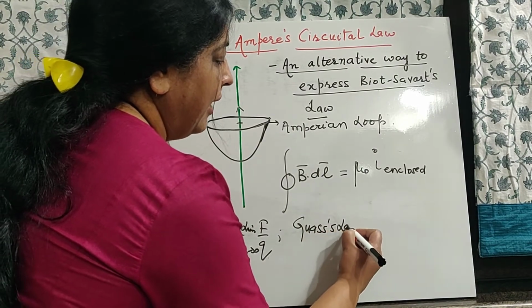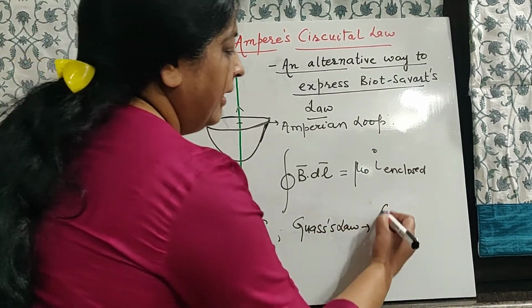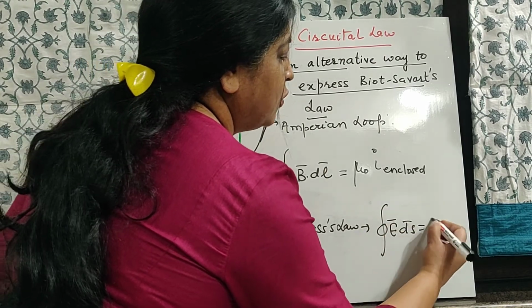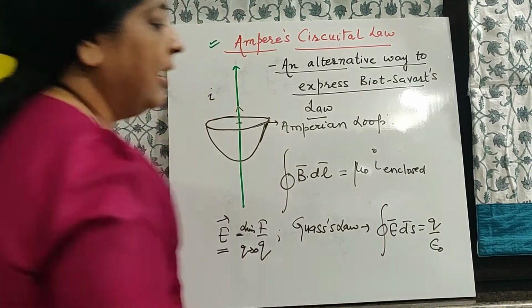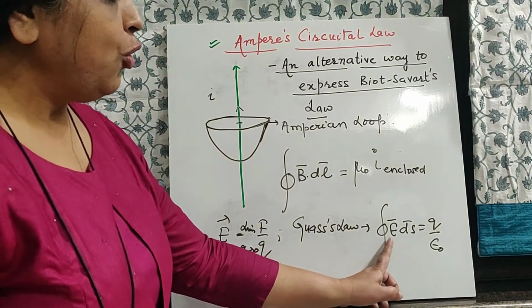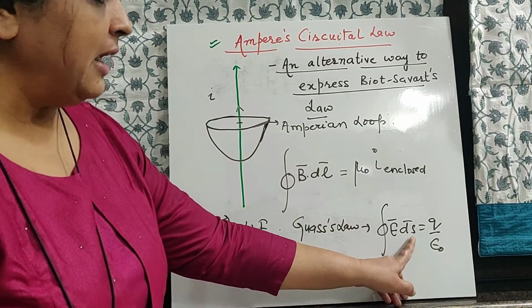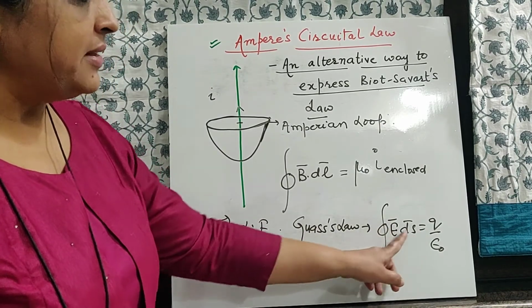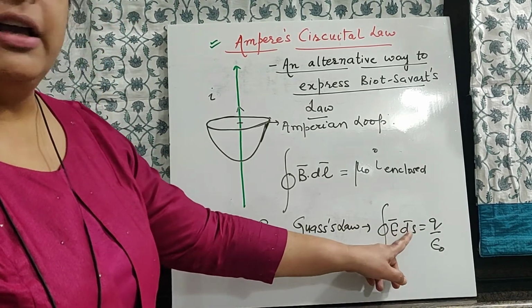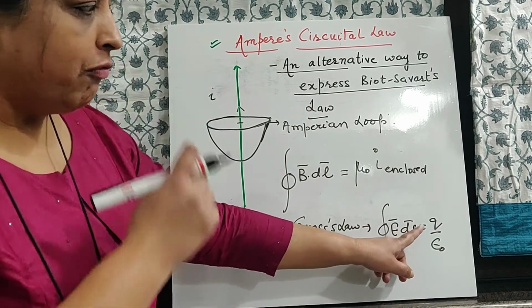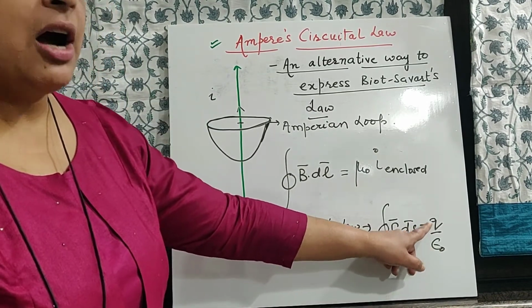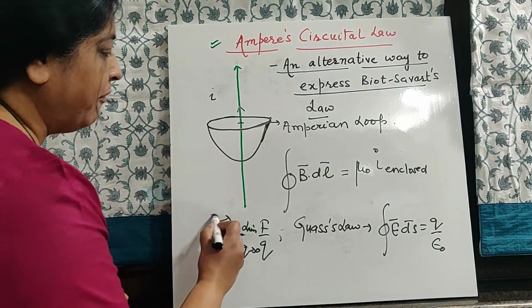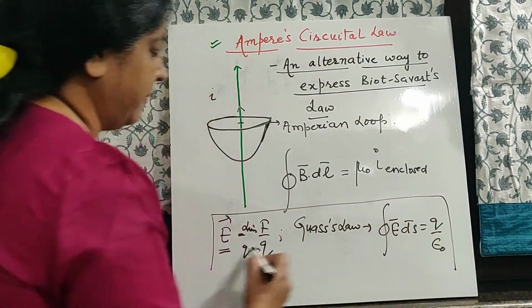Gauss's law stated that the closed surface integral of E dot ds is equal to Q by epsilon naught, that is, the closed surface integral of the electric field over the given Gaussian surface is equal to 1 by epsilon naught times the charge enclosed by the surface. So this was something that we did in our first chapter.